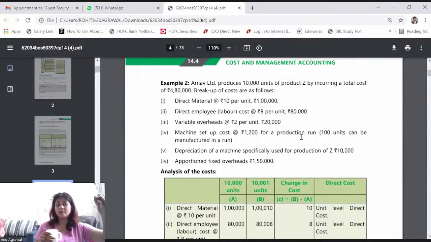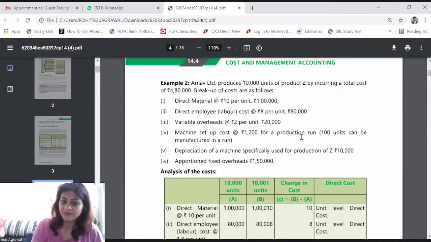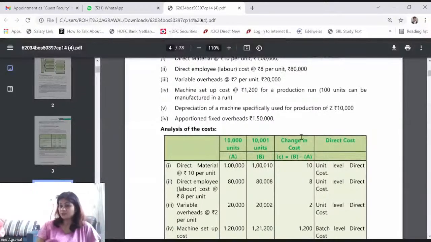It can be relating to units, it may be relating to department, it may be relating to production level, it may be relating to a batch. So you tell me. Material cost changes with every unit produced. So that means it's a direct cost per unit. Similarly, labor cost changes with every unit that you produce. That means that's also a direct cost per unit.